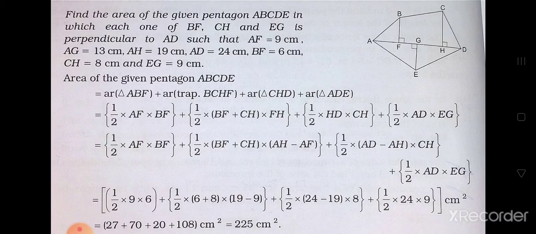Now as we know from the previous concept that area of a triangle is half into base into height, and area of a trapezium is half into sum of parallel sides into height. So according to it we have applied the formula.